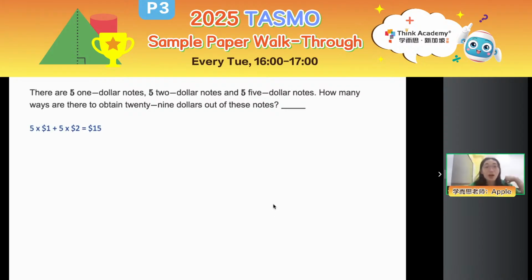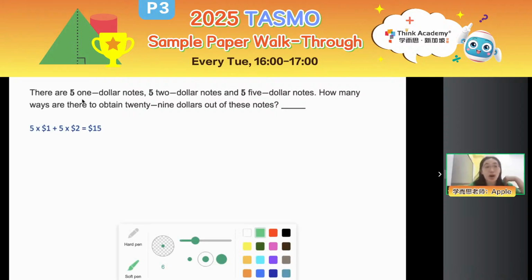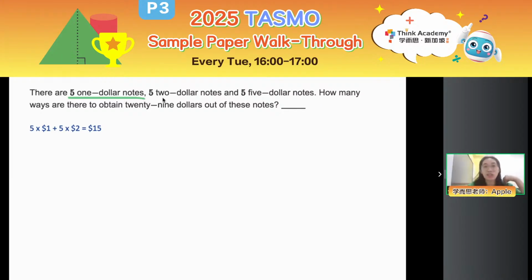Now you see, if I just use all these $1 notes and all these $2 notes, at most I can only get $15. But what is our target? Our target is 29. Even if you use all these notes, you still cannot reach 29, which means I must use some $5 notes.